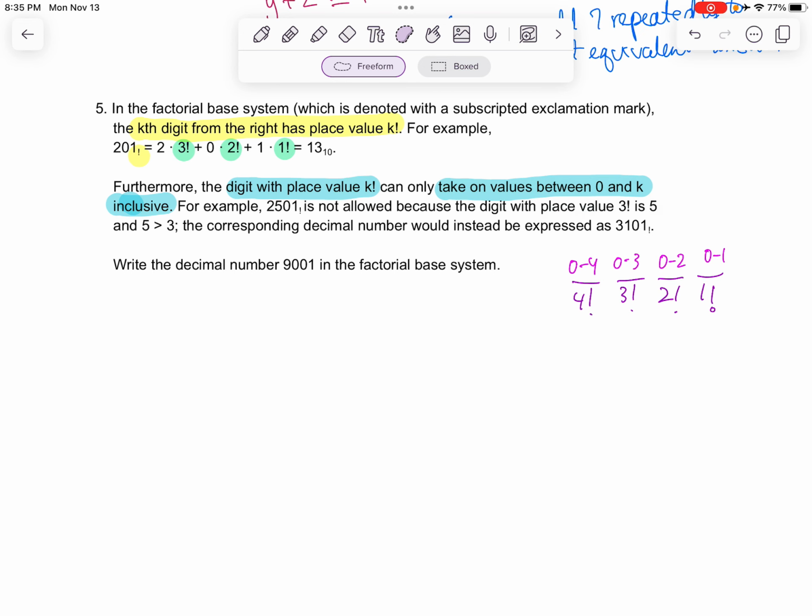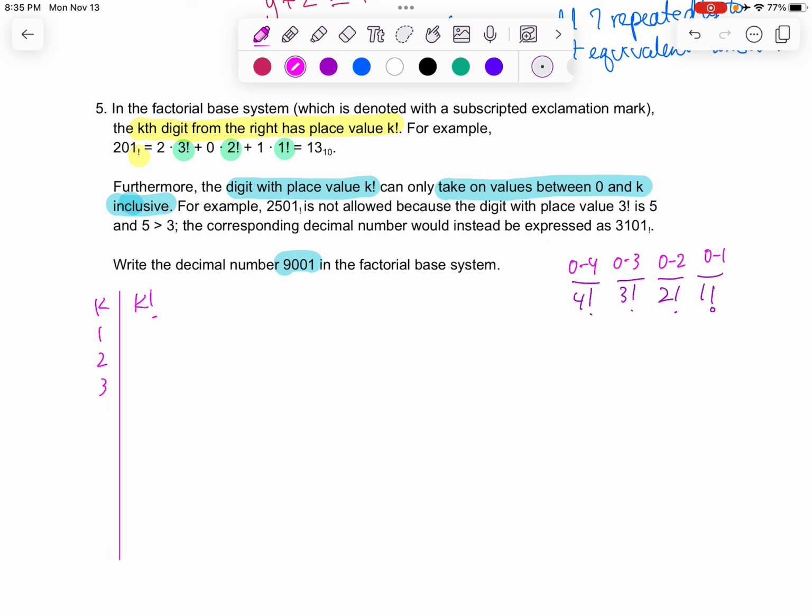So we are supposed to figure out how to write this value 9001 in the factorial base system. Similarly to how we did our first problem with the 11s, where we wrote out the powers of 11, we're going to do the same idea, but here we're going to make a chart of factorials.